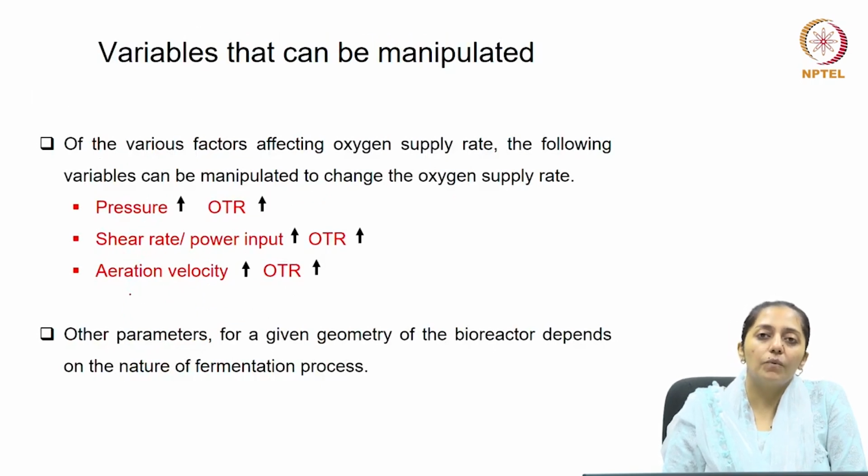Now, generally what are the parameters which are manipulated or varied to make changes in the oxygen transfer rate in the reactor systems? Of the various factors which affect the oxygen supply rate, we generally bring about changes in the following variables, as shown on the slide here.